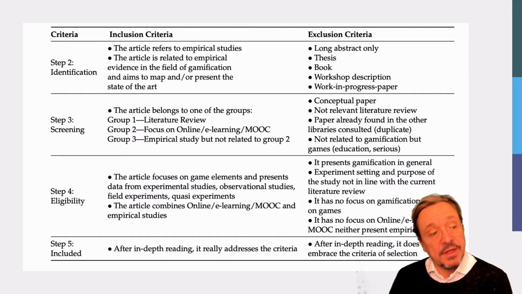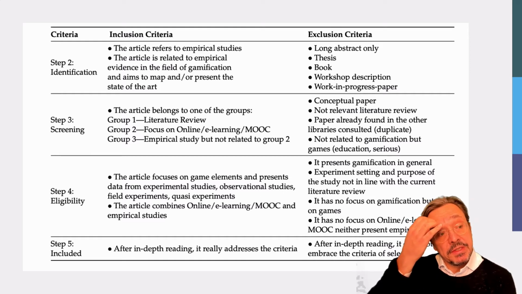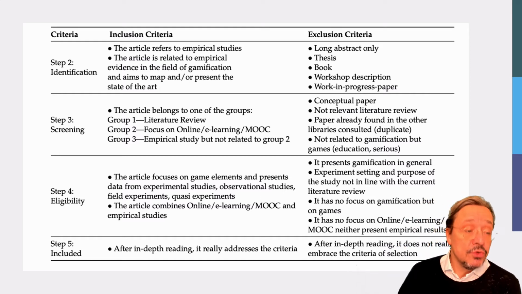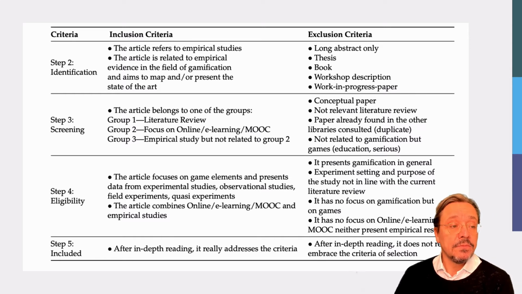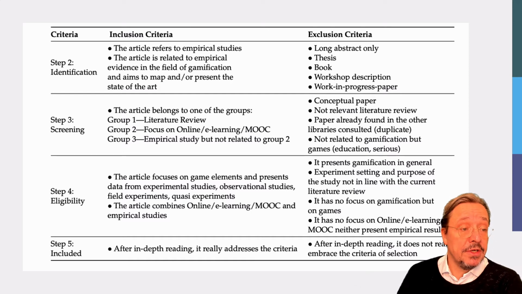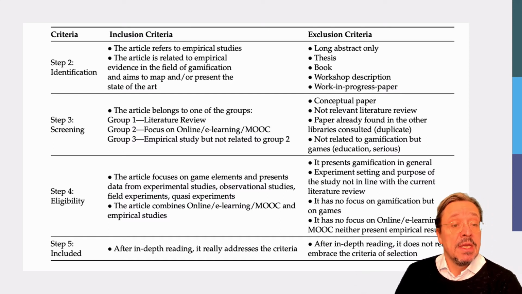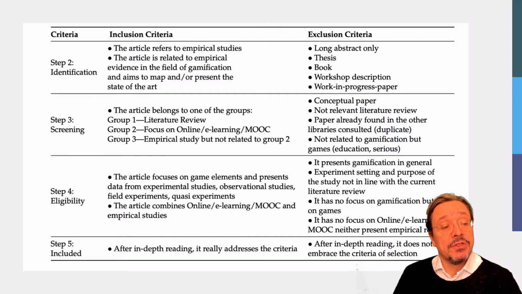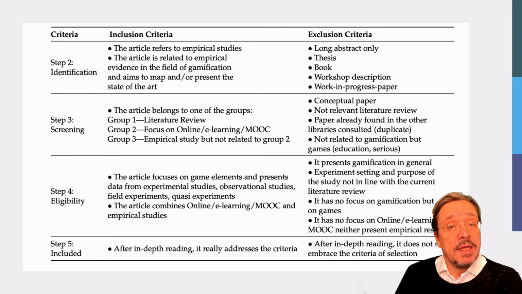But on the other hand, you can also explicitly put things in your inclusion criteria. So in this case, in the eligibility and inclusion criteria it was really on: are there game elements described? But these are some things you can also decide in a later stage, actually in the eligibility stage.